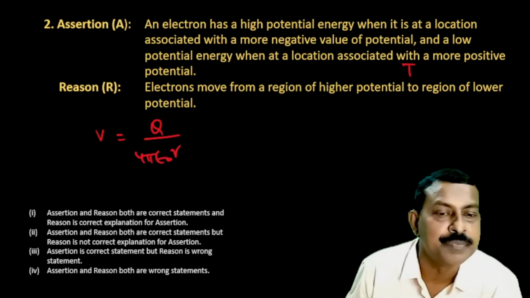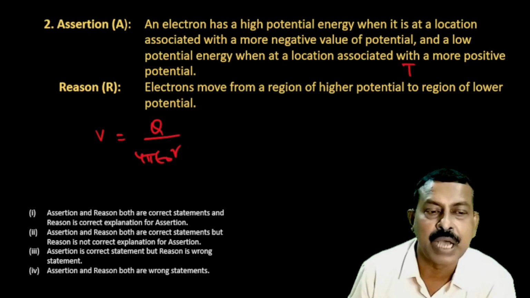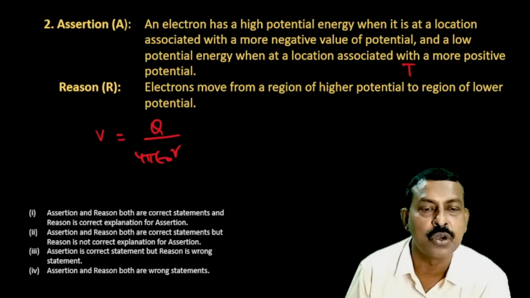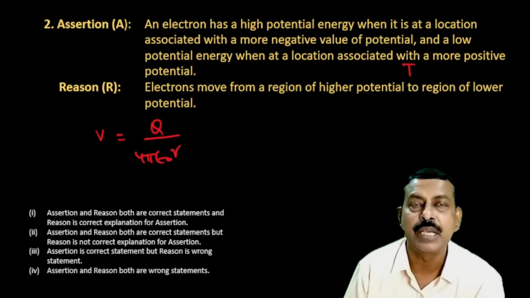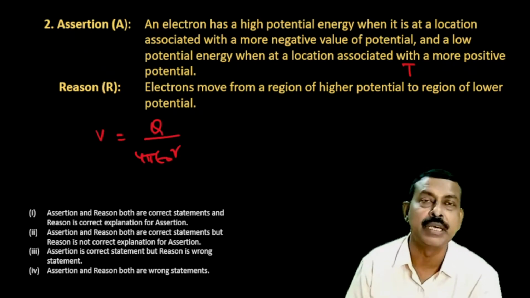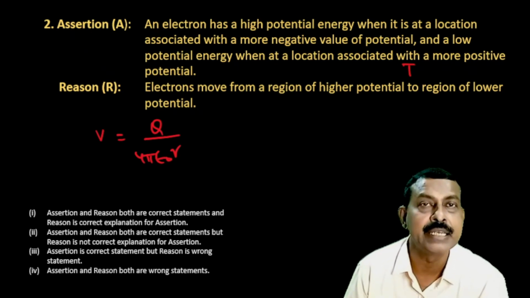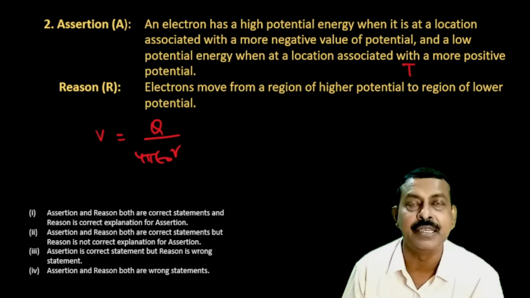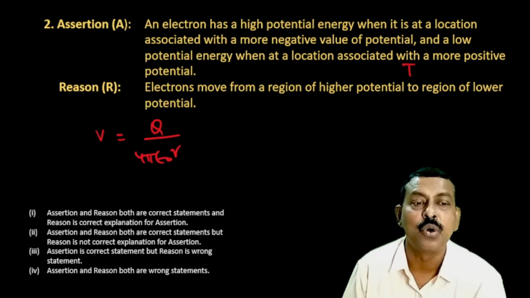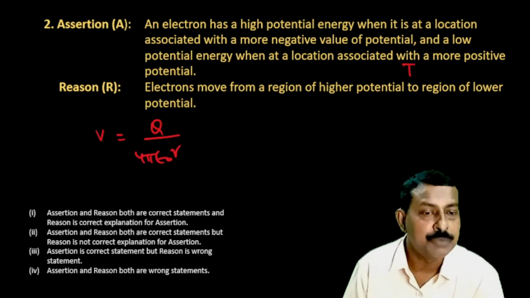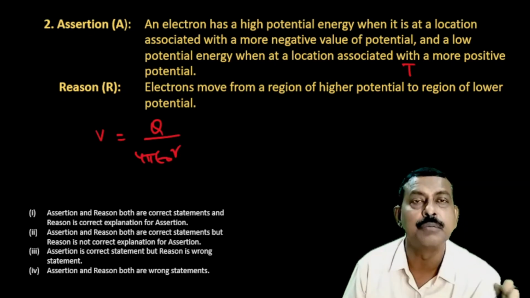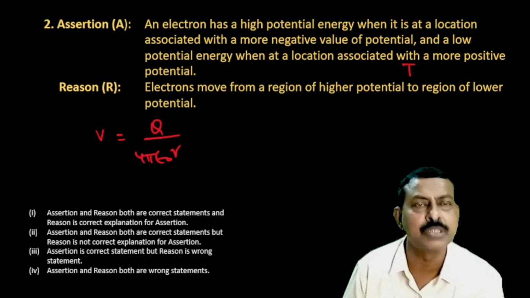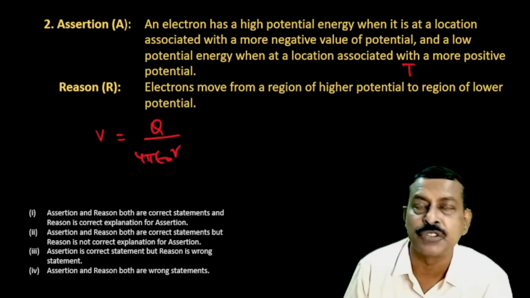Now second one: electrons move from the region of high potential to a region of low potential. Remember, I have already told you that potential, electric field, all the terms are defined by taking positive charge as a standard. So if we take the positive charge, it will move from high potential to low potential, because charges move from high potential to low potential.